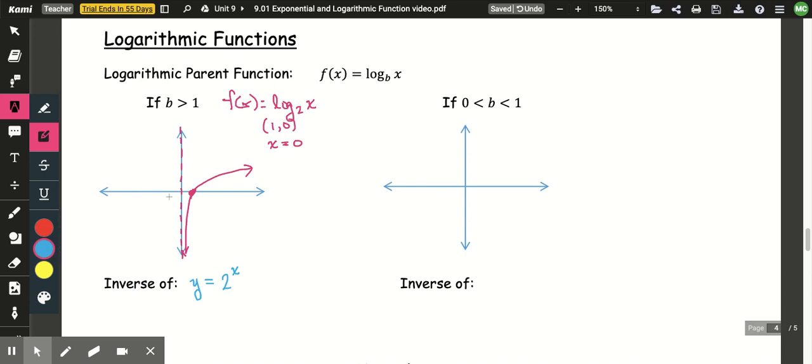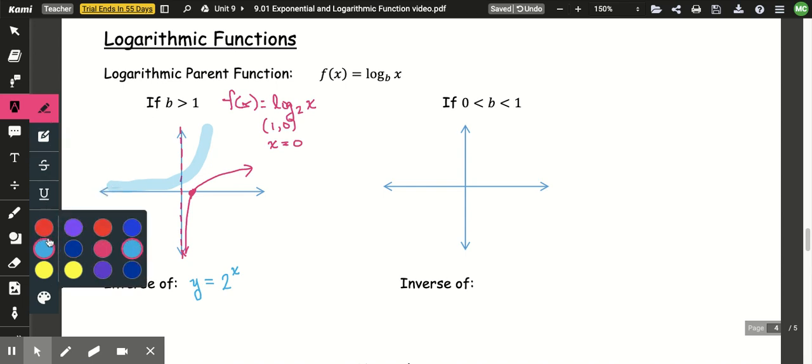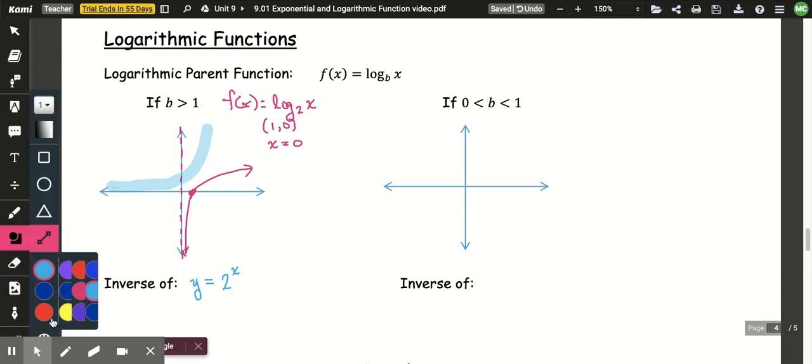Okay, so the function y equals 2 to the power x would look like this, which is a reflection across the line y equals x. So let me see if I can get that put in there for you.